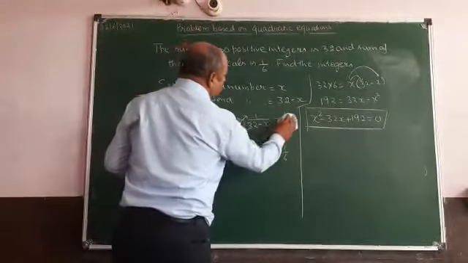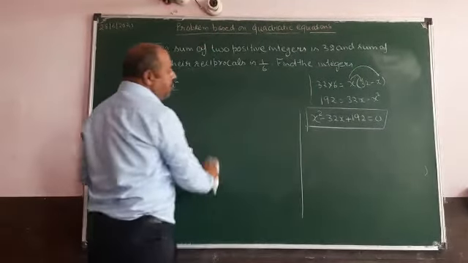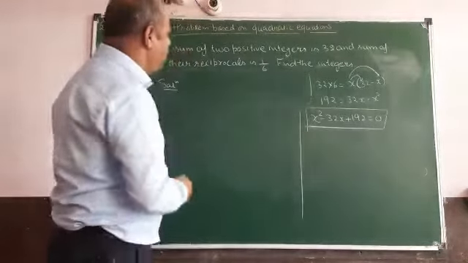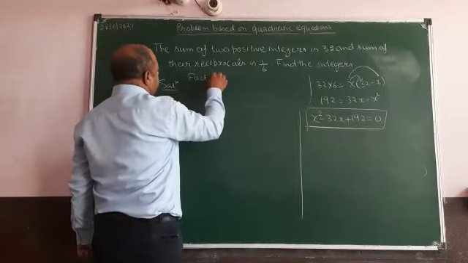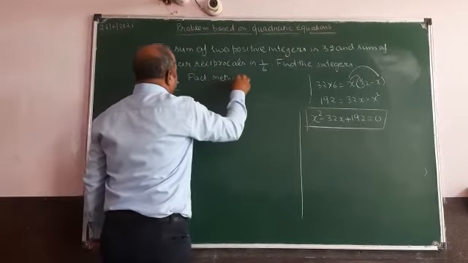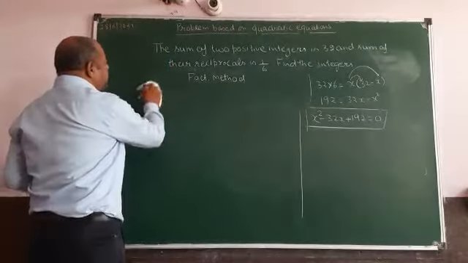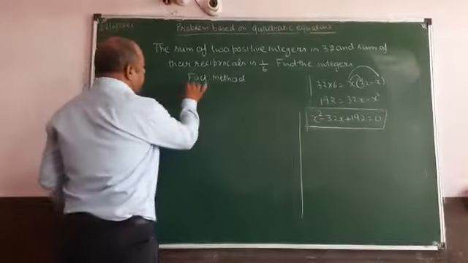So better I will go with the factorization method. Firstly I will solve it by the factorization method and then by the other method, just to let you know that if we solve the sum by any valid method, the answer will be the same.